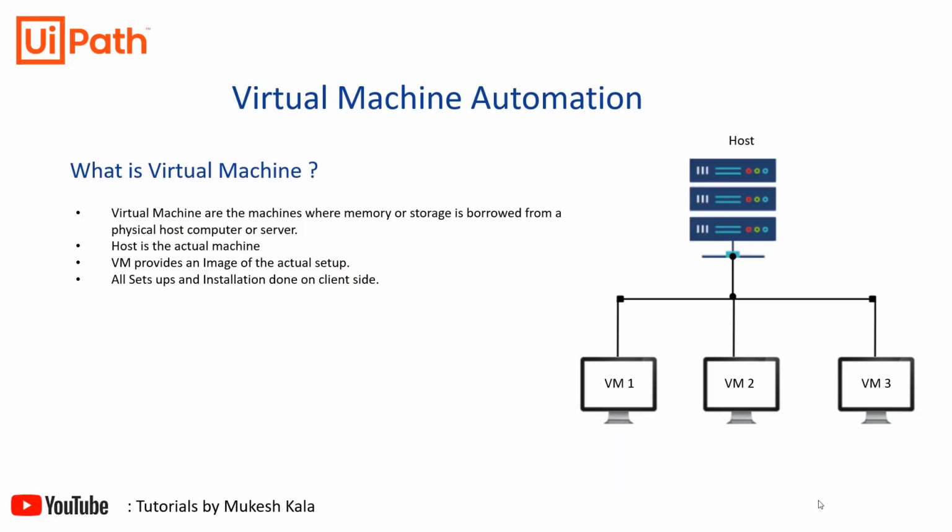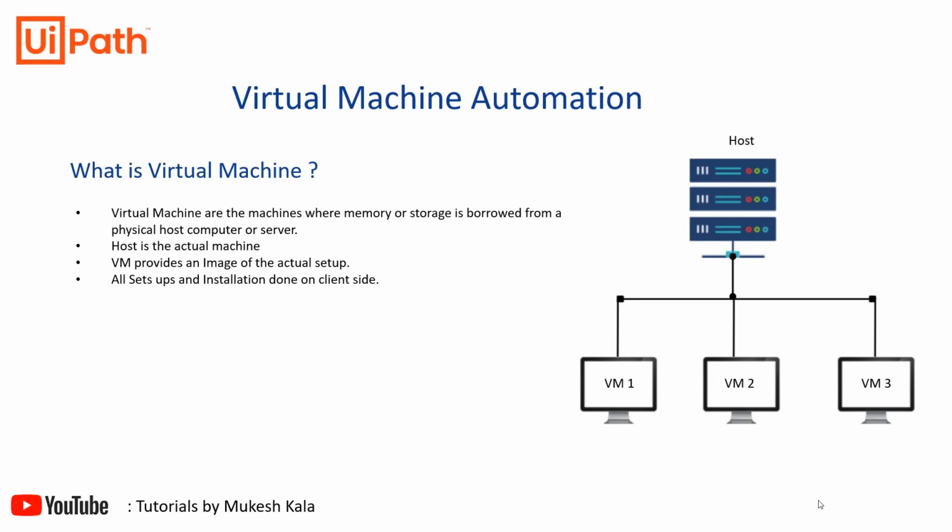Let us first start by looking at what exactly a virtual machine is. Virtual machines are machines where memory or storage is borrowed from a physical host or computer. So I have a physical host, a server which has a lot of memory and a lot of space. From that host, I go and create small VMs. I create virtual machine 1, virtual machine 2, virtual machine 3. Now, whenever a client logs in to the virtual machine, they are not actually logging in to the actual machine, but to an image of the virtual machine.